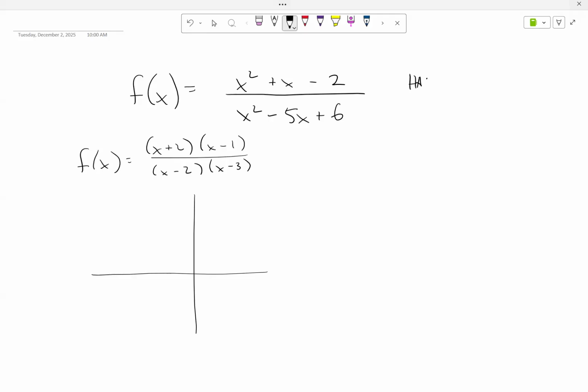Okay, so we know that immediately. The horizontal asymptote is y equals 1. Okay, the vertical asymptotes would be x equals 2 and x equals 3 because they're in the denominator.